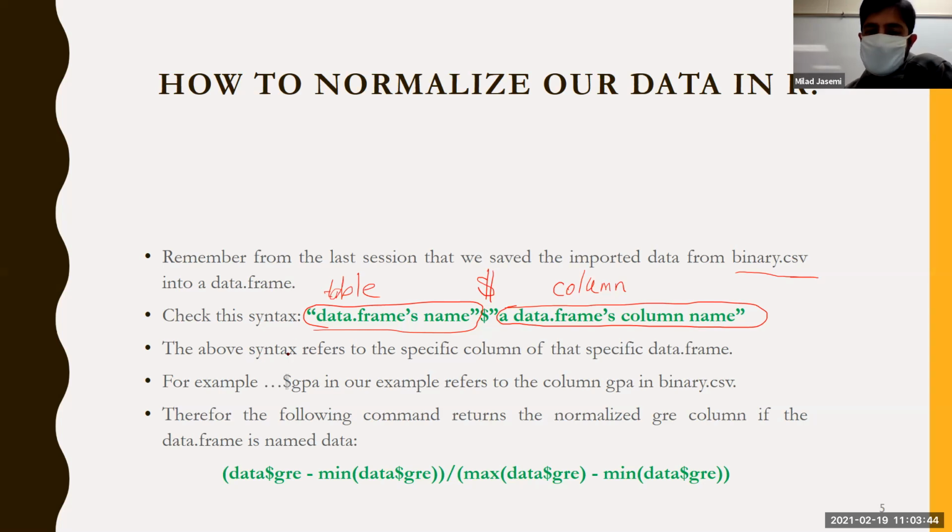The above syntax refers to the specific column of that specific data frame. I told you the data frame is the most popular structure in R, especially when you are working with tables. For example, here is the name of the table, a dollar sign, and GPA is the title of the column.